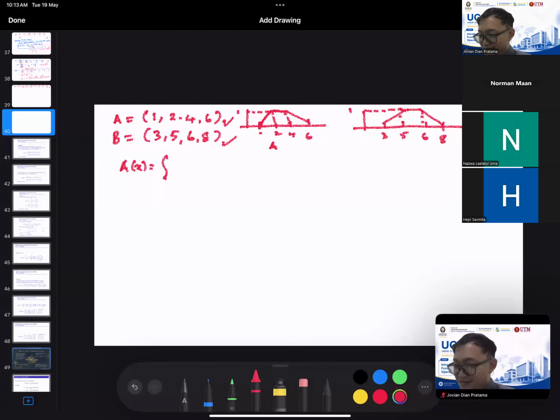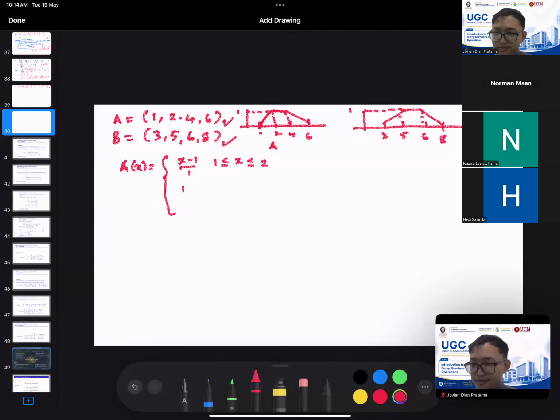In this case for A, you get (x minus 1) over 1 for x greater than or equal to 1 and less than or equal to 2. Then you get 1 for x greater than or equal to 2 and less than or equal to 4.